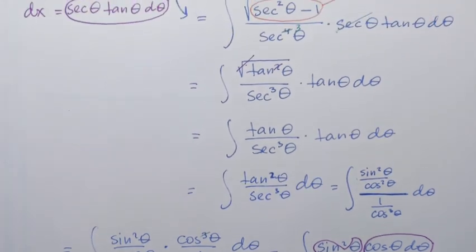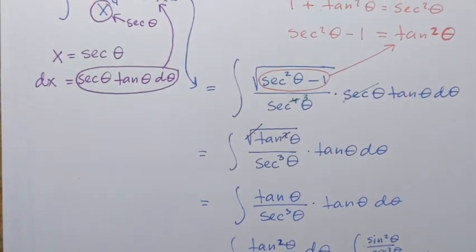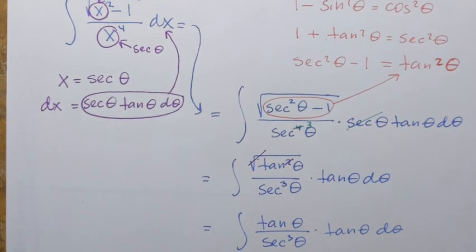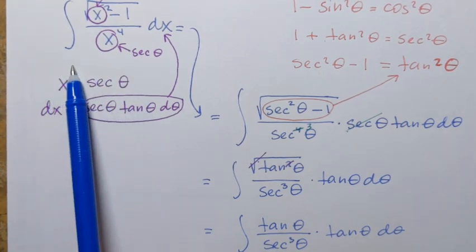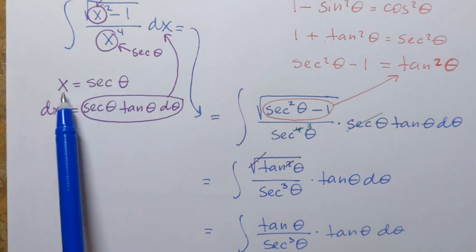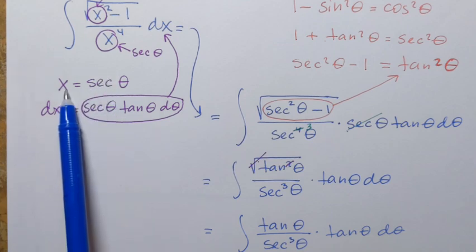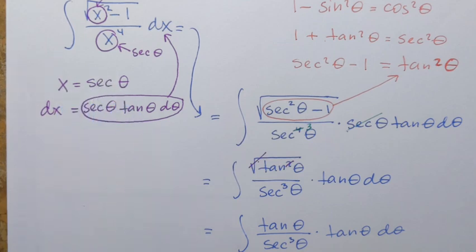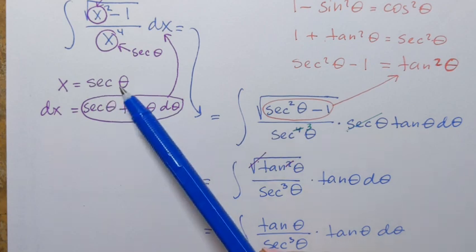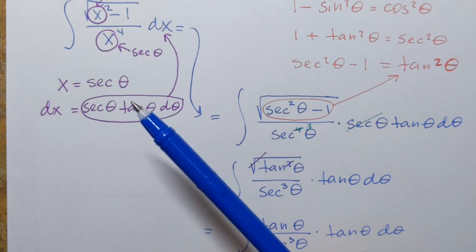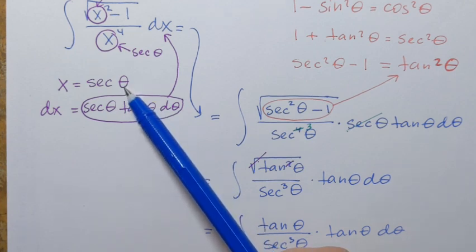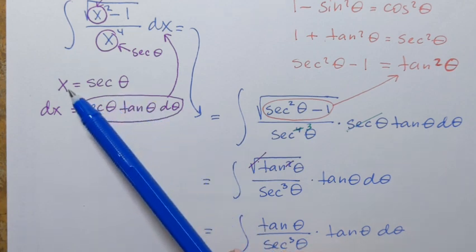Let's go back. Remember, we always find the way of returning to the original variable by looking at how we introduced the substitution. So here it says that x is secant of theta. But what is theta? By what do I need to replace theta? Well, one way you can say is that theta is the inverse secant function of x.